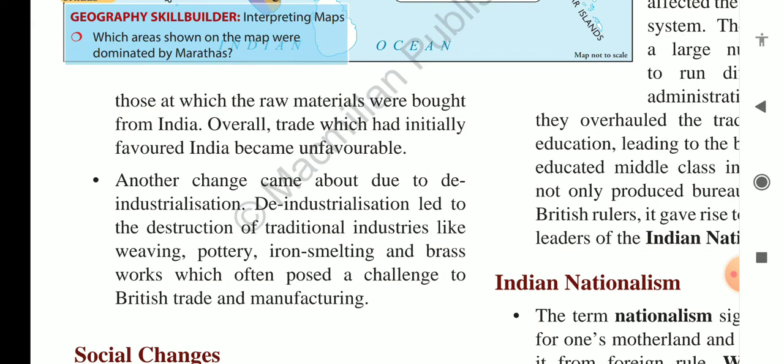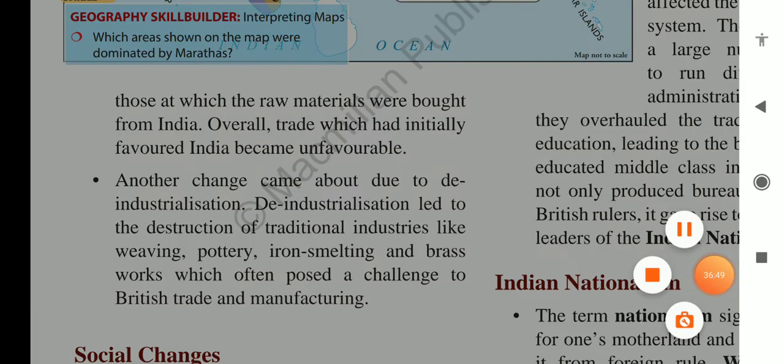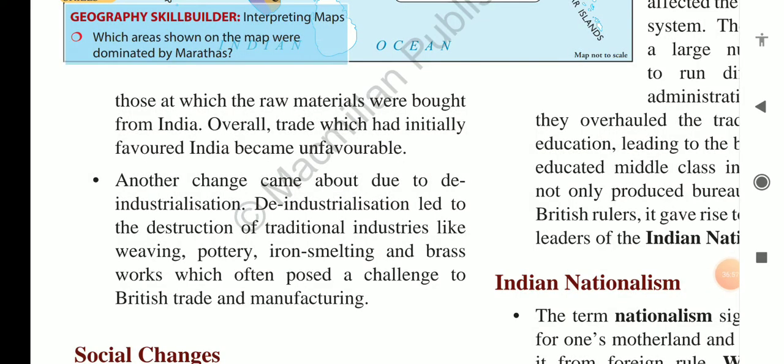Clear? So there was a huge margin the British were practicing.